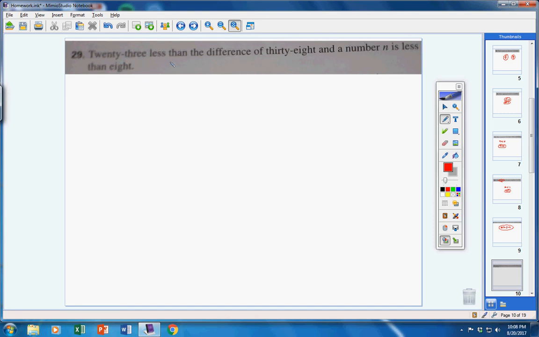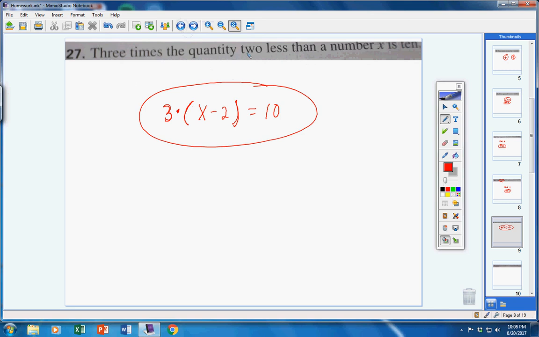23 less than what? Oh, look at this. It doesn't say a number. It doesn't say 23 less than x or 23 less than 15. It says 23 less than the difference. So let's go back to your last problem, okay? 2 less than meant you were subtracting 2, right? 2 less than x, you're subtracting 2.